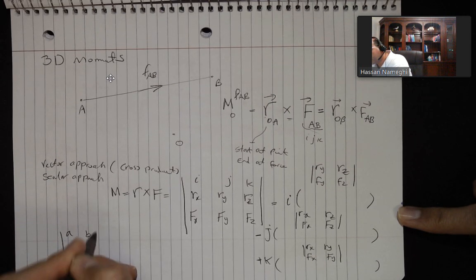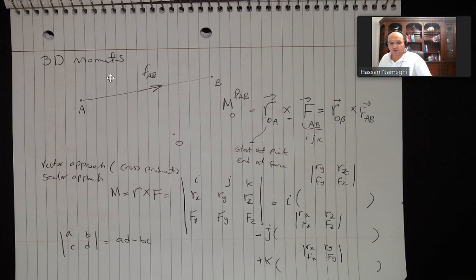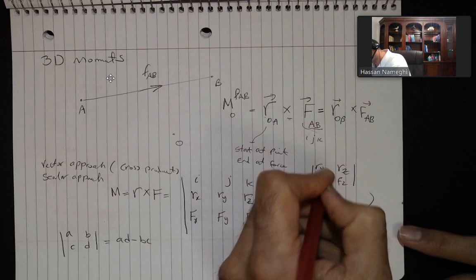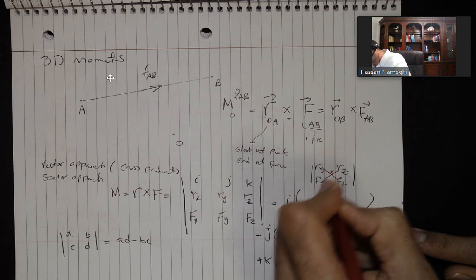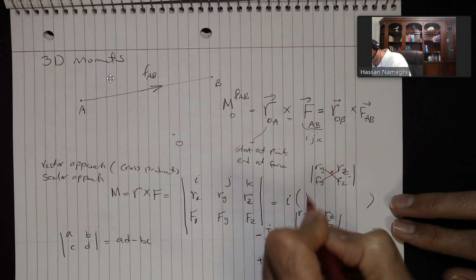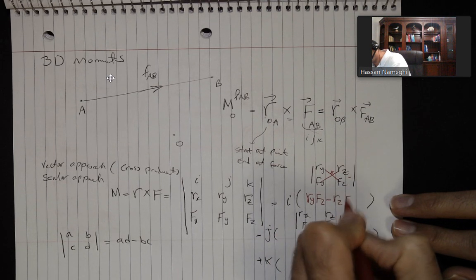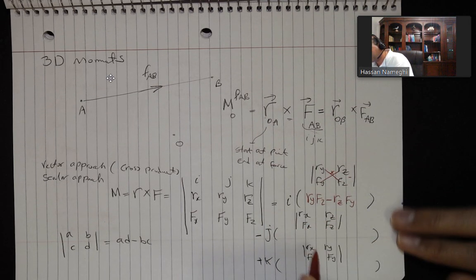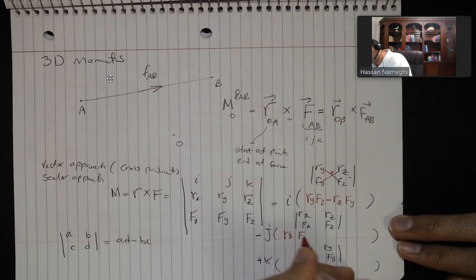I already know that if I have a little determinant like this, a, b, c, d, the answer is ad minus bc. So for these little determinants, I take this times this minus this times that. This will be Ry Fz minus Rz Fy. I repeat the same thing here: for J it will be Rx Fz minus Rz Fx.